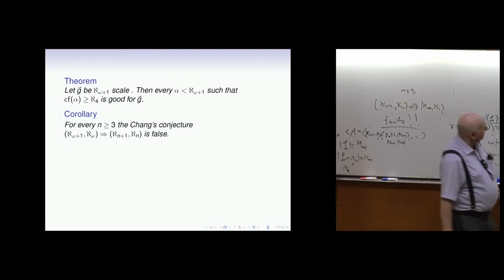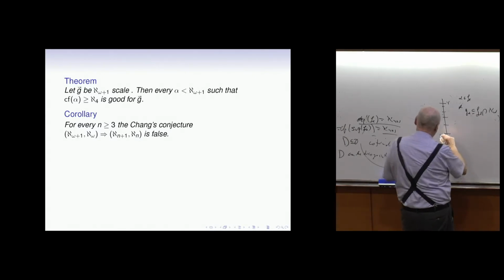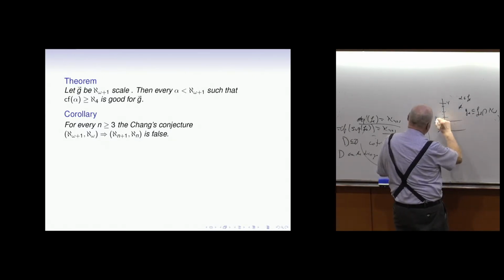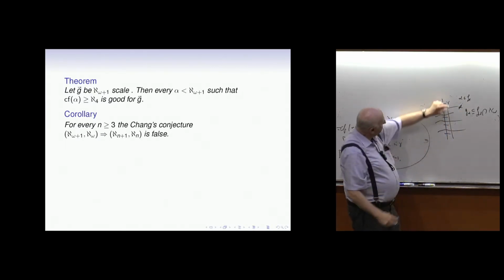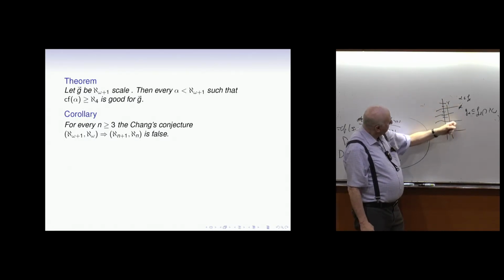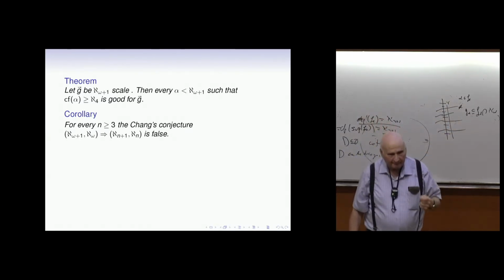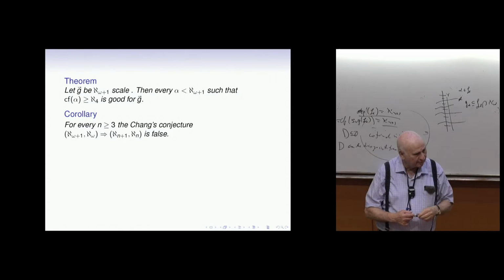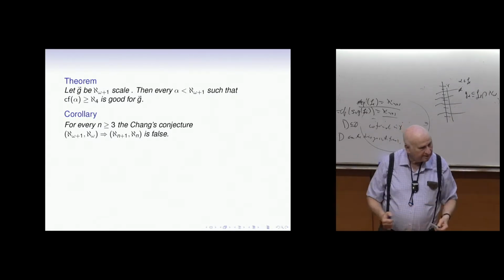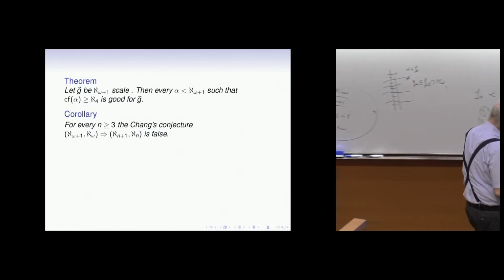But now you have this cofinal set which can be disjointified. Disjointify them, and somehow they fit between the functions that the elementary substructure knows about. But what will happen is that there will be a point where you have too many values on the members of the scale that B knows about. So that shows that Chang conjecture of this type fails.